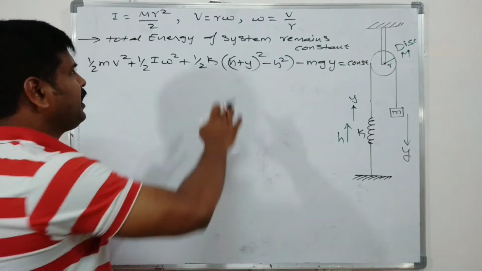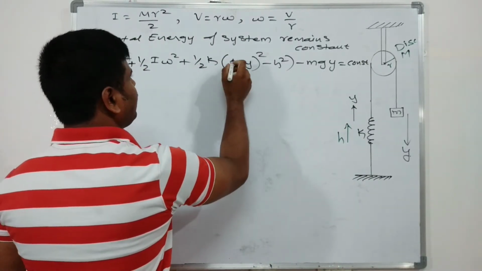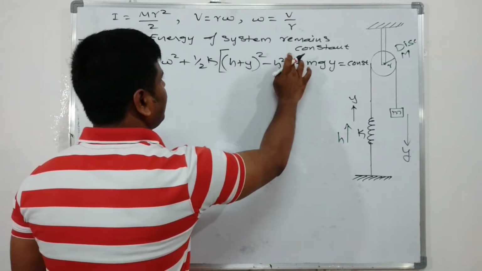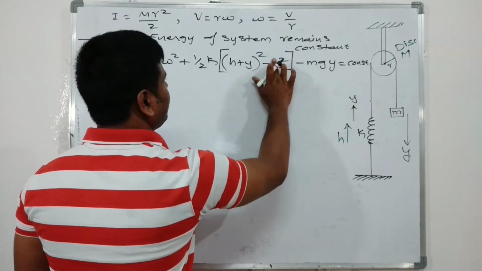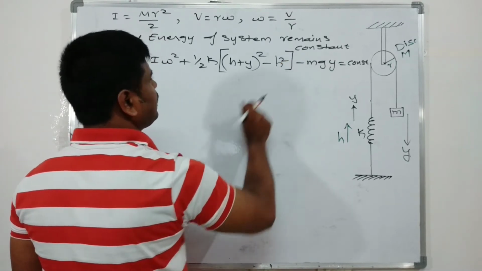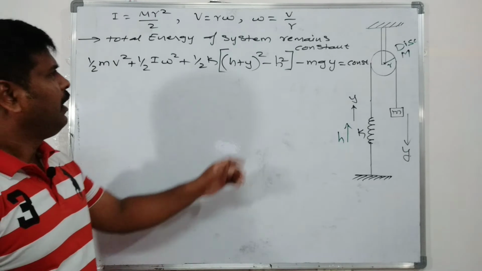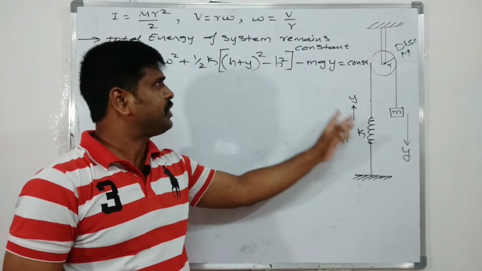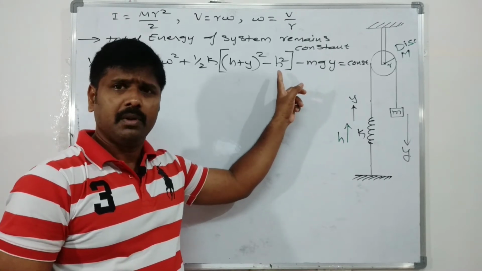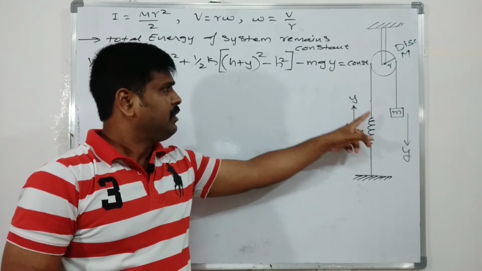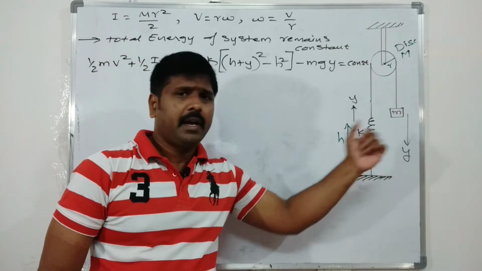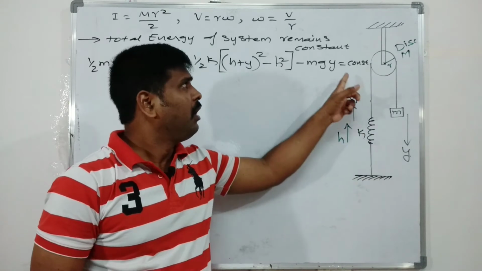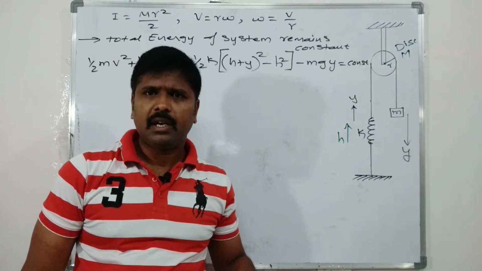See, one thing we have to understand here: this is h. Initially it has the potential energy due to the connection, so that is negative here, and the block has moved in the downward direction along the negative y-axis, that is also negative potential energy.